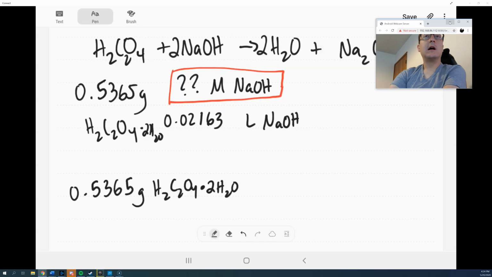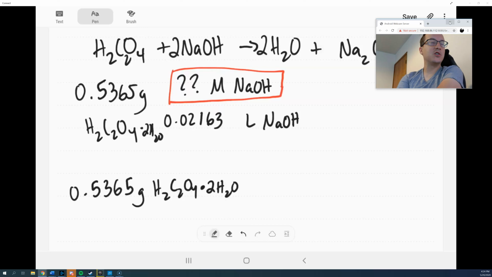Yes. So for this particular one, we can say this particular mass of acid was titrated with a certain concentration of sodium hydroxide, and it was found that 0.02163 liters of sodium hydroxide was needed to complete the reaction.